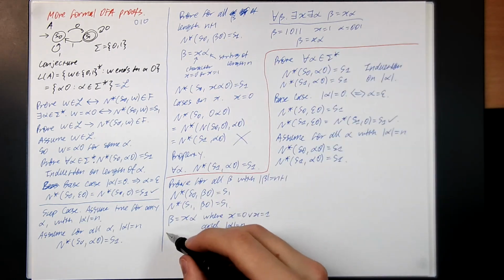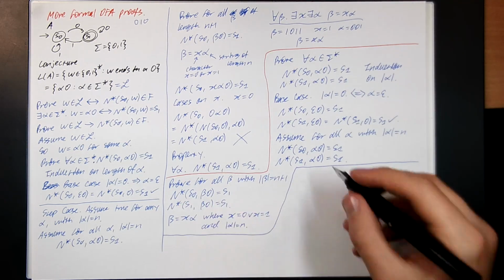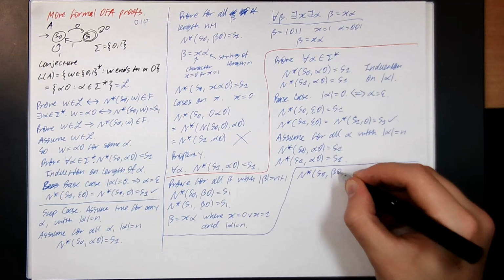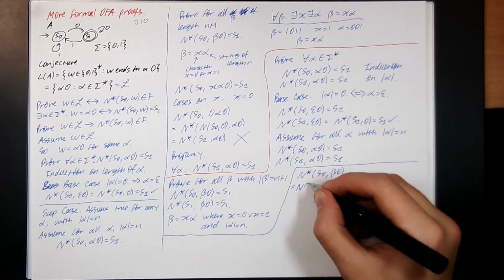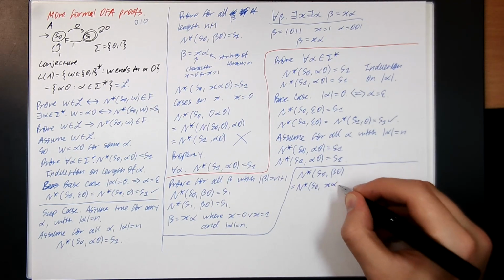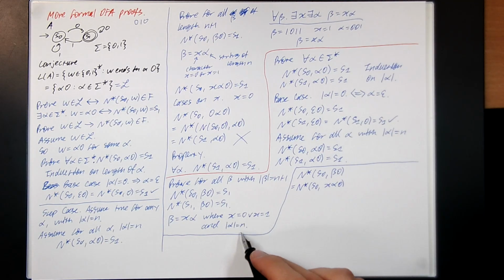So let me just segment this off. I will try to prove this property first. N star S naught beta 0 is the same as N star S naught x alpha 0, by definition of beta, we can rewrite it as an x and an alpha.